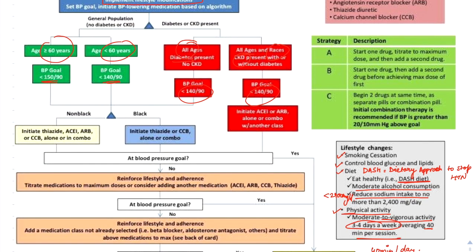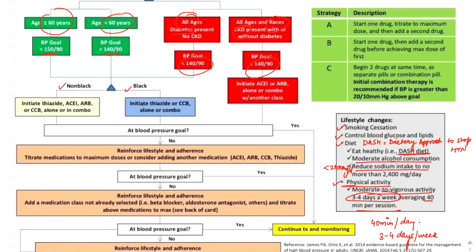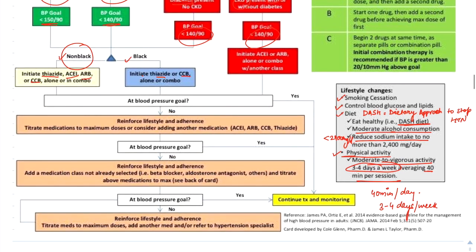But others, like diabetes and more than or less than 60 years, are divided into black and non-black people. The blacks should be initiated with thiazides or calcium channel blockers and not ACE inhibitors or ARBs, while the non-blacks should initially be started with thiazides, ACE inhibitors, ARBs or CCBs alone or in combination.